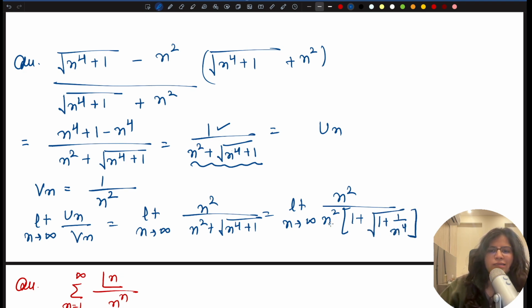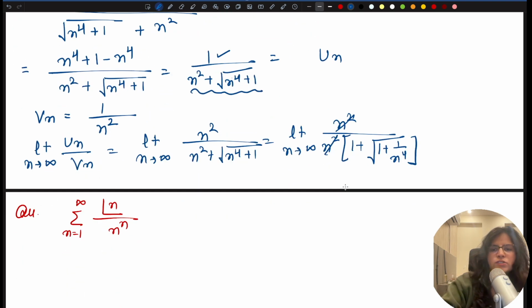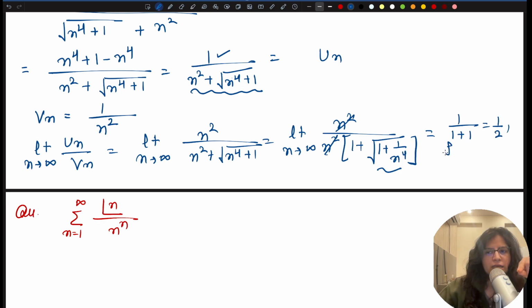And you can clearly see that if I put n tends to infinity, तो ये क्या हो गया, 1 by infinite 0 होता है, तो नीचे बच जाएगा 1 plus 1. So 1 by 1 plus 1, that is 1 by 2, which is finite plus non-zero. So it means un and vn converge and diverge together.